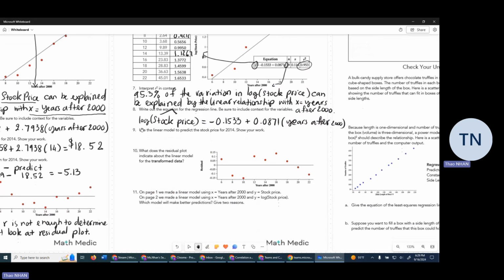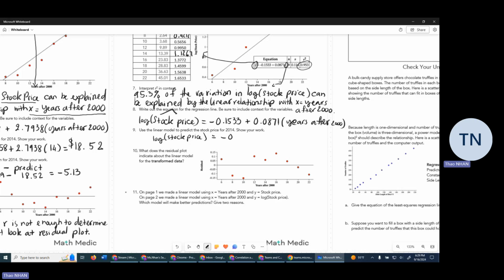For your number 9, we are asked to use the linear model to predict the stock price for 2014. Same thing here, to get the log of stock price, just replace the years after 2000, which is 14.